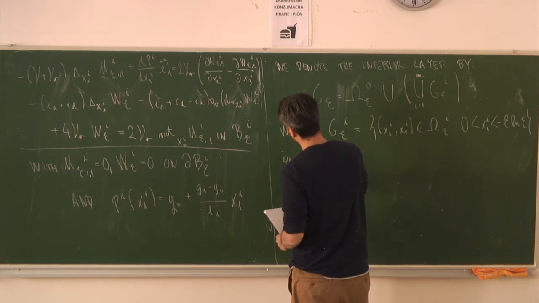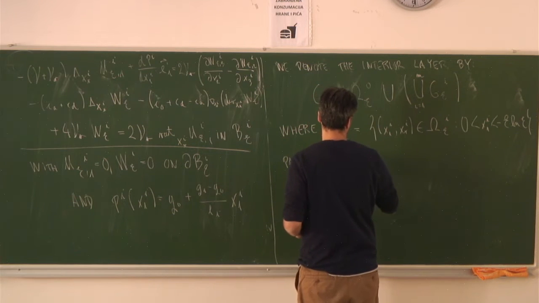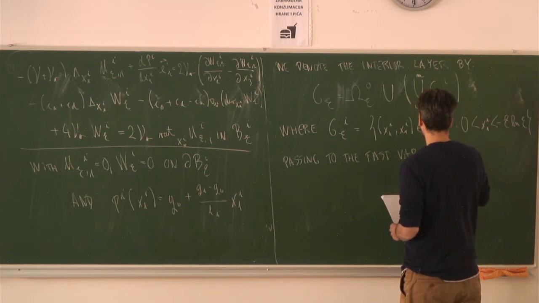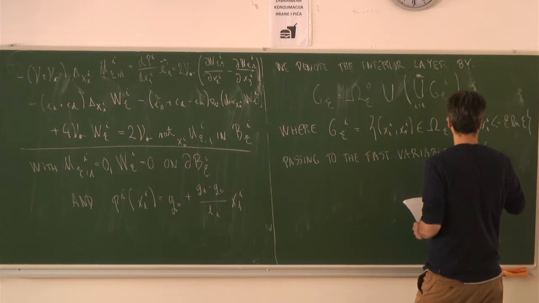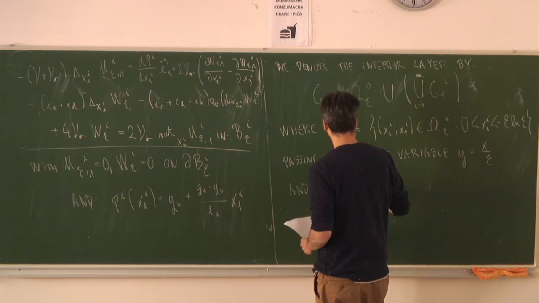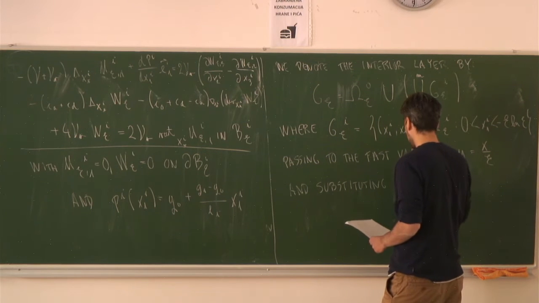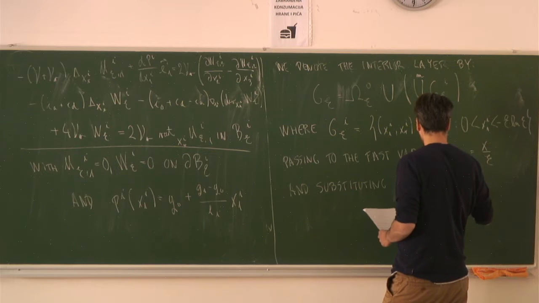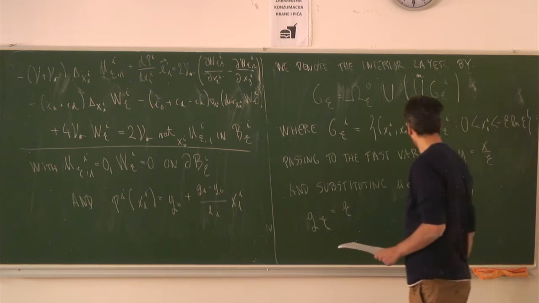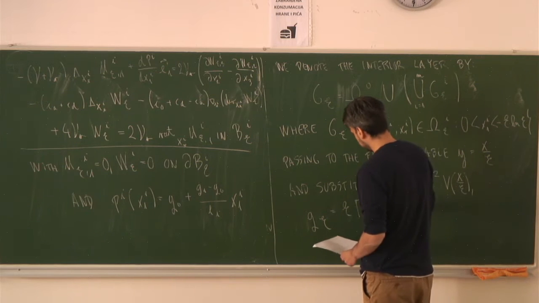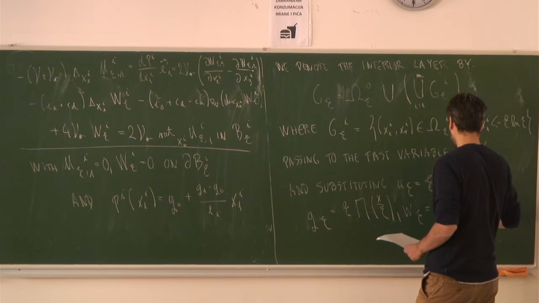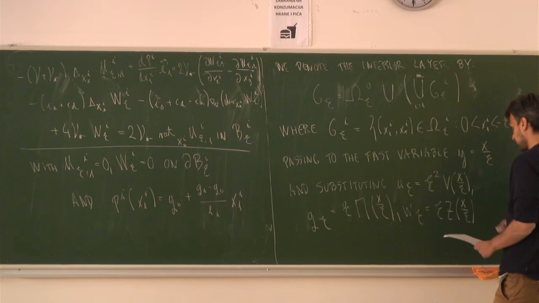So passing to the fast variable, y is x over epsilon, and substituting u epsilon is epsilon squared v of x over epsilon, the pressure q epsilon is of order epsilon, and the micro-rotation is epsilon z of x over epsilon.